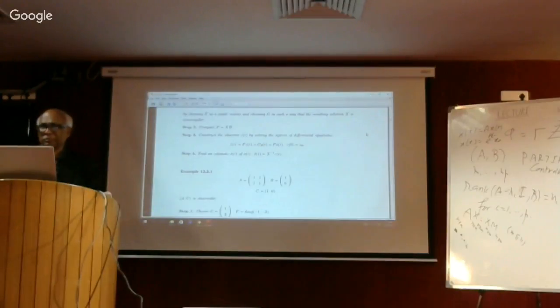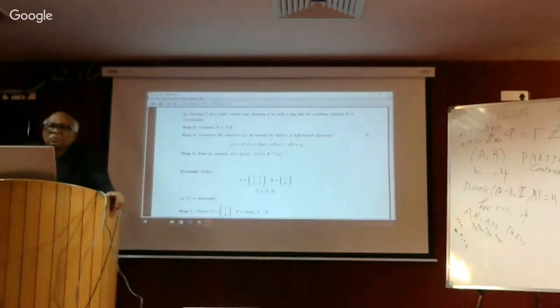Based on the algorithm, of course, instead of putting the pair into controller Hessenberg form, you have to put it into observer Hessenberg form, because you have to test the observability of the pair A, C. First of all, you have to remember the system has to be observable, otherwise you cannot estimate the state.